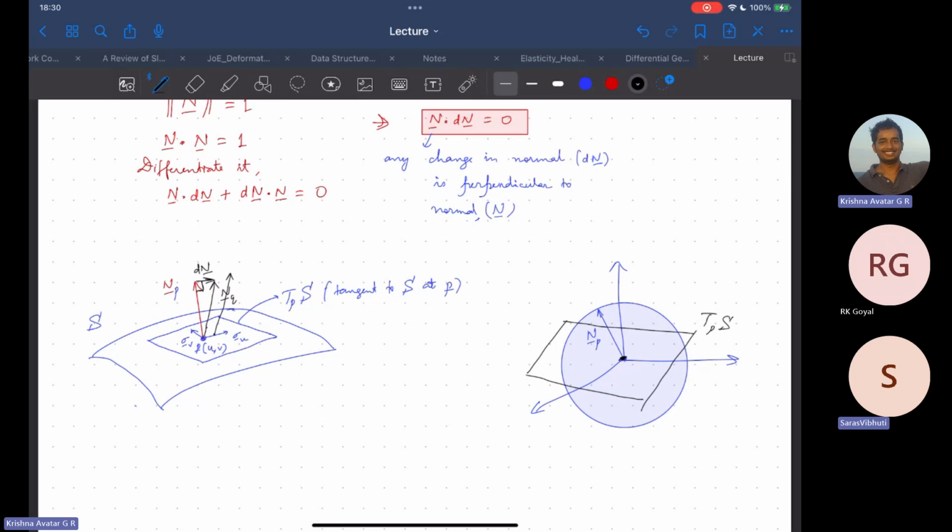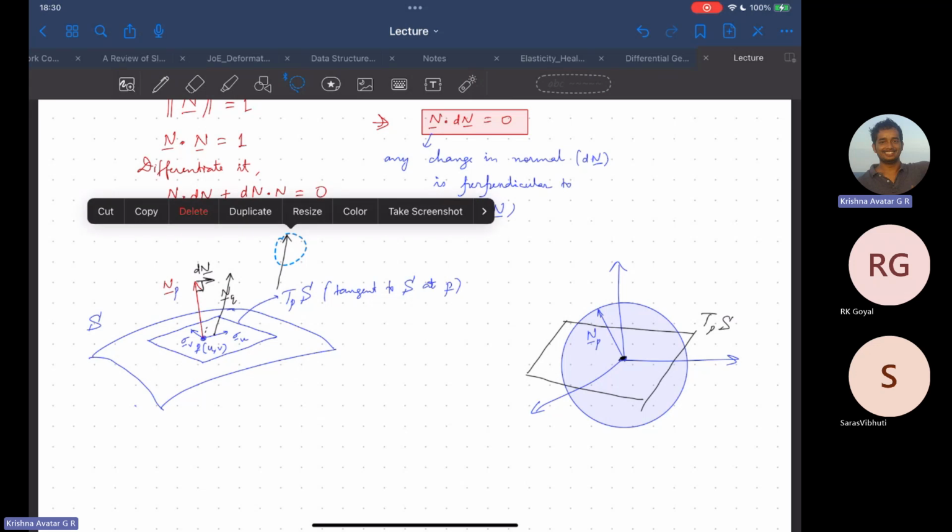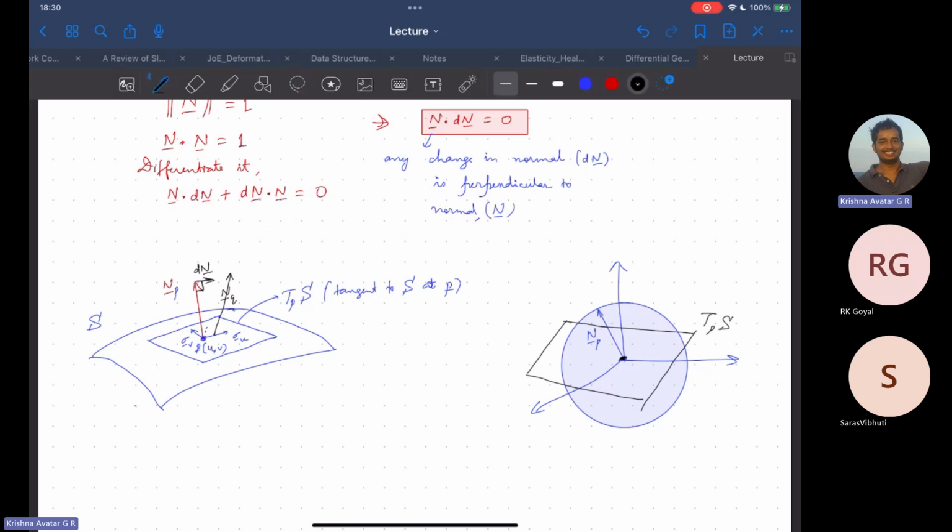We are translating this vector and joining at the tail, to see what dN will imply vectorially. So by translation, you mean we translate this tangent plane to a new point Q? What I'll do is I'll just remove it from here. I think now things are fine, right?